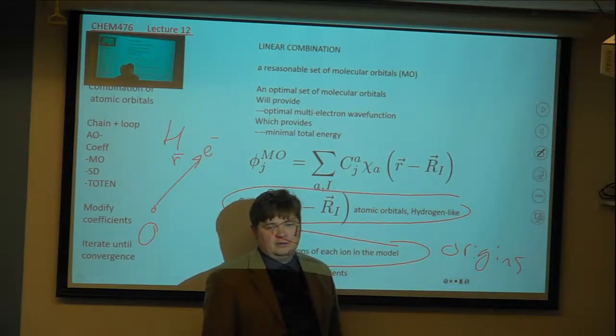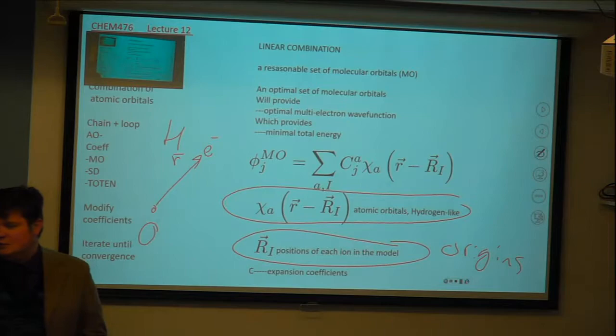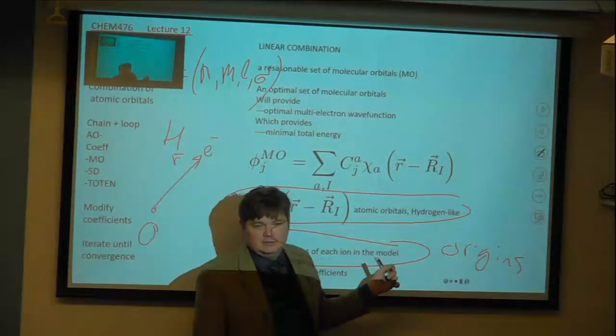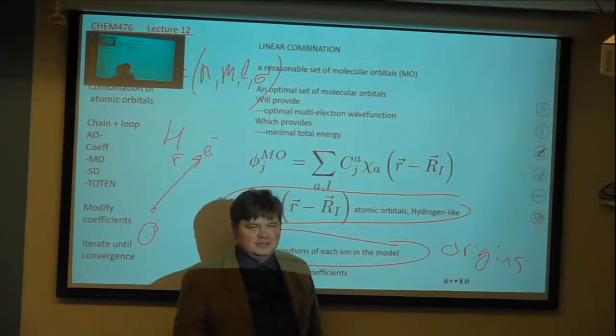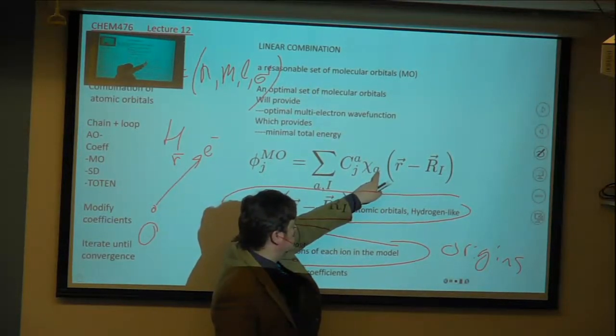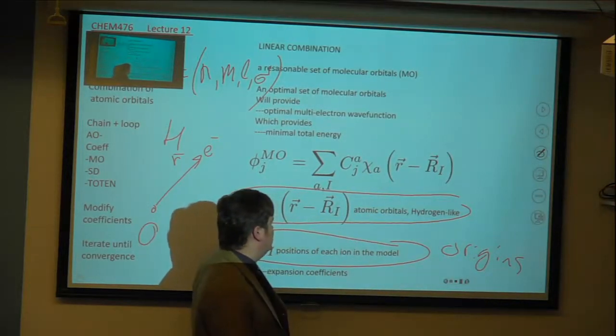I'm so tired. Let's encode them. Just to save time, this letter A encodes n, l, and m. Otherwise, it will be too long to write. Even if you are not taking notes, still, it will be long to watch. So A is the index for atomic orbitals centered at ion number I.